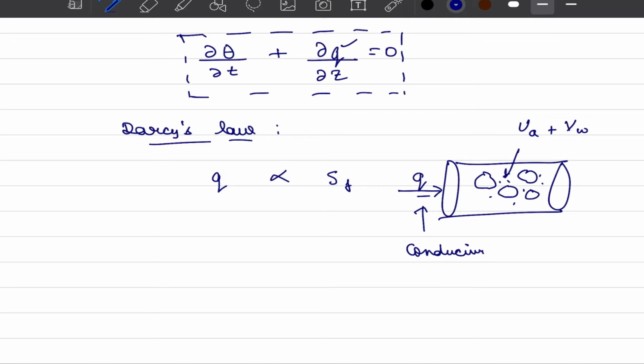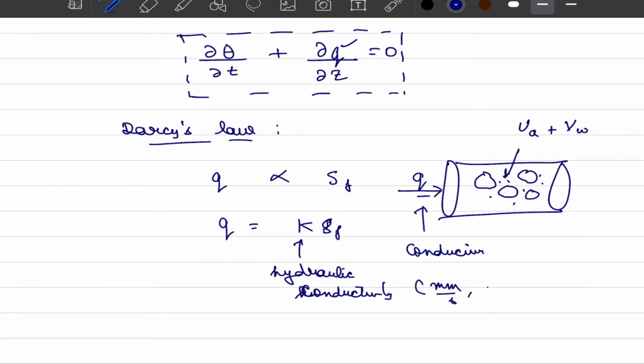Hence, when we replace the sign of proportionality with a constant of proportionality, we introduce a term that takes care of this conduciveness, which we call the hydraulic conductivity. This hydraulic conductivity typically has the unit of velocity, written as mm per second or meter per day and so on.